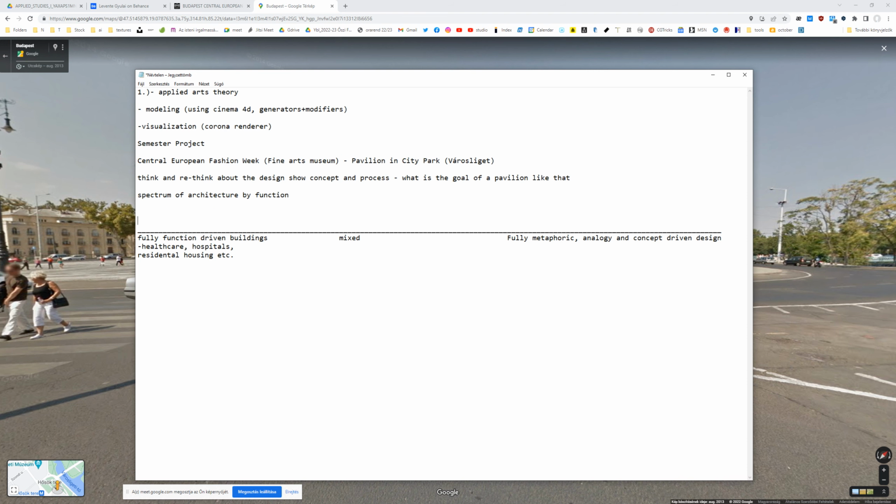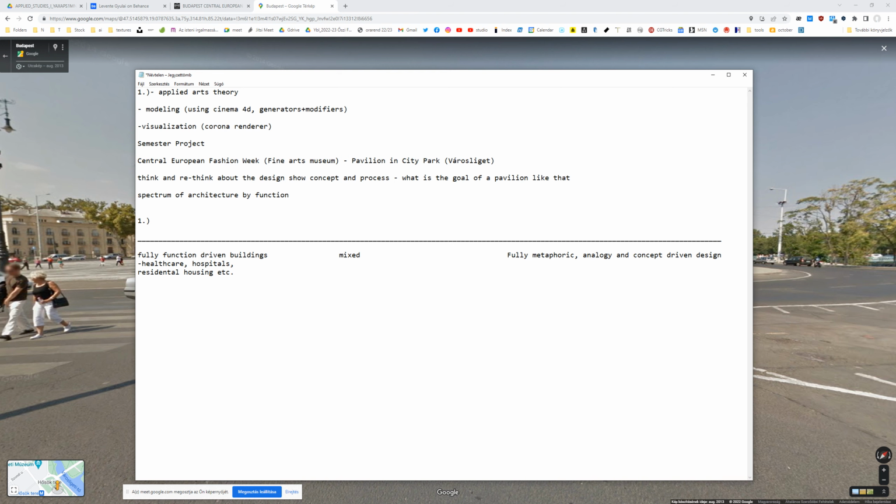It's important to introduce to you the task or the project, or basically I just want to explain what we would like to achieve in this semester, while of course learning these competences.